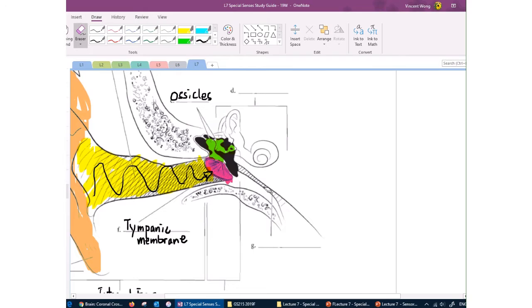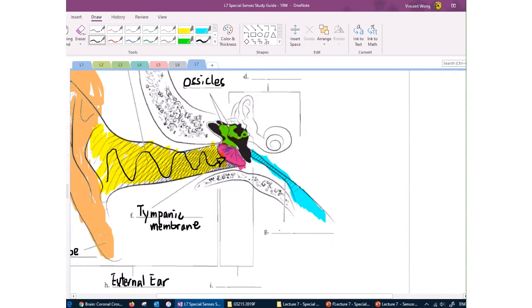And also, there is another tube here. This tube actually connects to your nasopharynx, and it is typically closed, but whenever you swallow, it's going to open. Anytime it opens, it will help equalize the pressure with the surroundings.